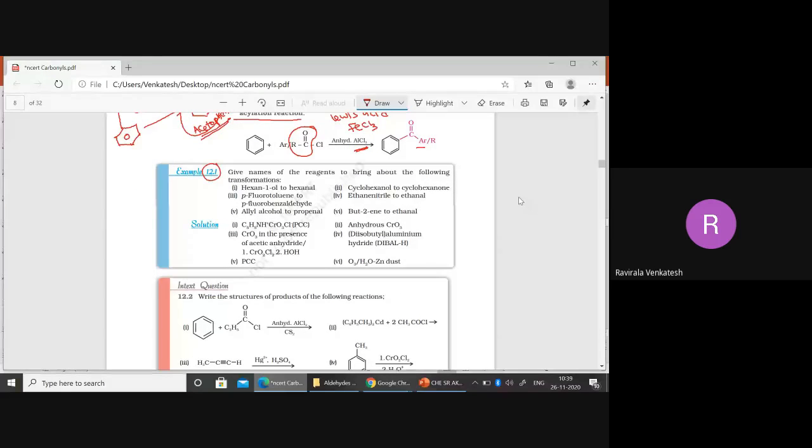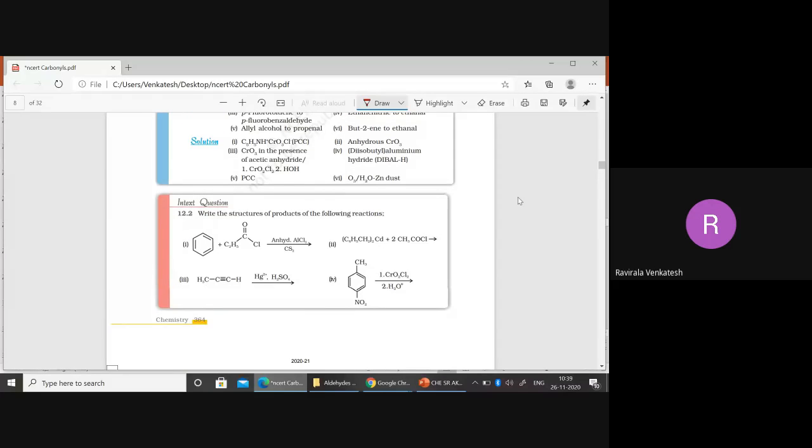12.1 and 12.2. We have already done today only. CrO2Cl2. Here no disturbance, no reaction takes place. Now this will convert into what? CH2. Yesterday we discussed this product. What we got yesterday, if you observe here, CH3, C double bond O, CH3. Yesterday we have done this one. I want the entire reaction. Don't write the product only.